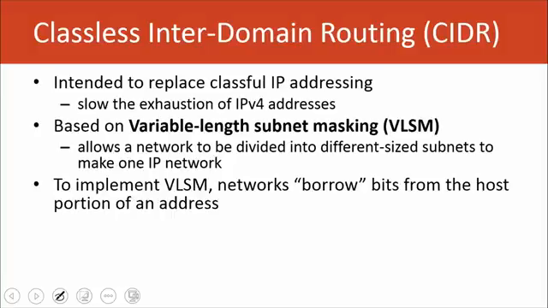So pretty cool stuff. We're not going to go too far in depth right now, in fact not much further than this with VLSM, but I would definitely take a look at this online. Go ahead and do a quick Bing search to learn a little bit more about subnetting.